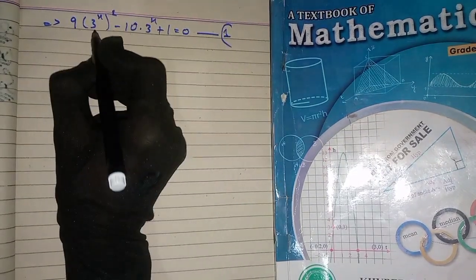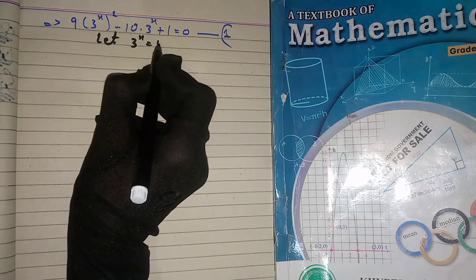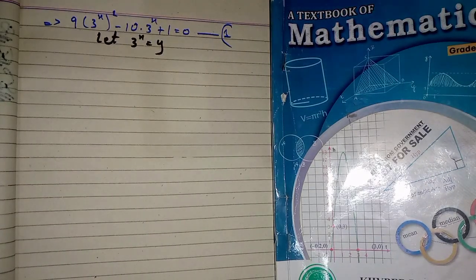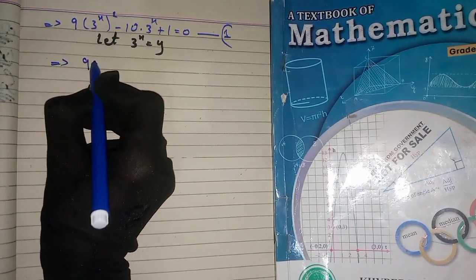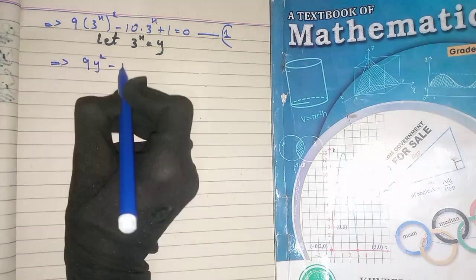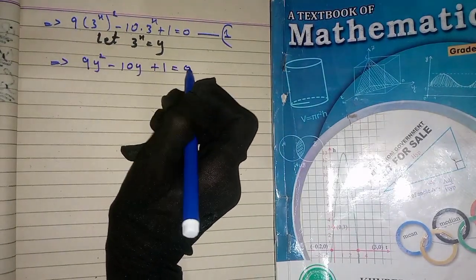Equation 1. Let 3 power x is equal to y. So by putting 3 power x is equal to y, equation 1 becomes 9y square minus 10y plus 1 equal to 0.